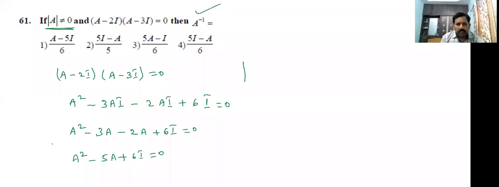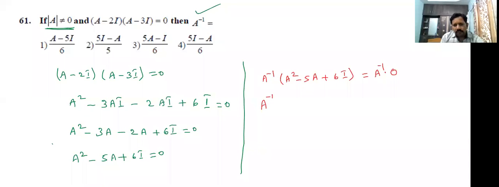Now students, multiply on both sides with A inverse: A inverse into (A square minus 5A plus 6I) is equal to A inverse into the null matrix. So now multiply A inverse into A square, meaning I am writing A inverse A into A, minus 5 into A inverse A, plus 6 into A inverse I, that is equal to right hand side 0 only.